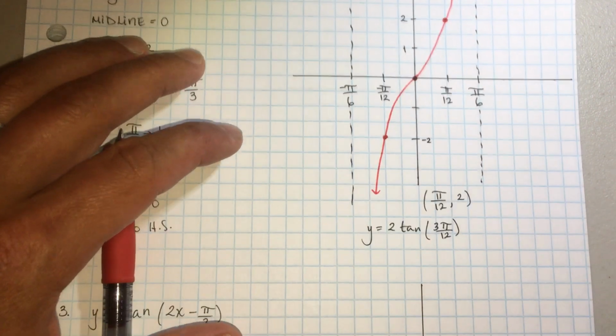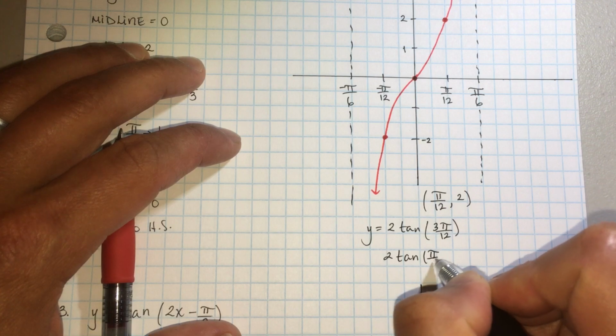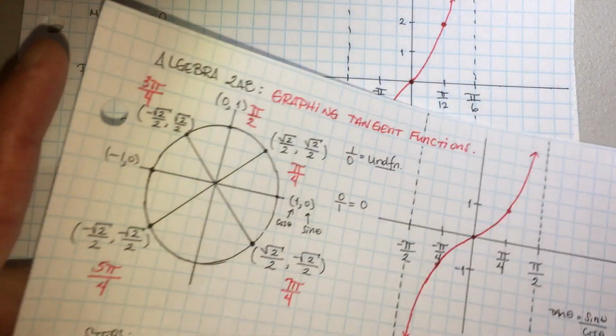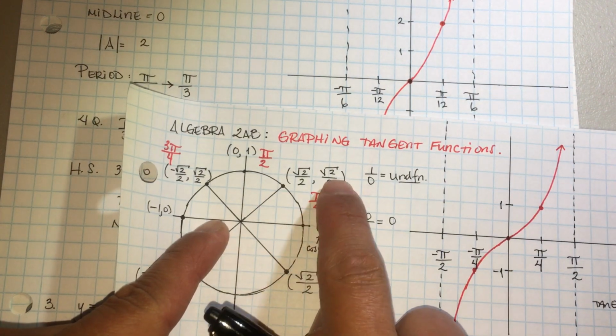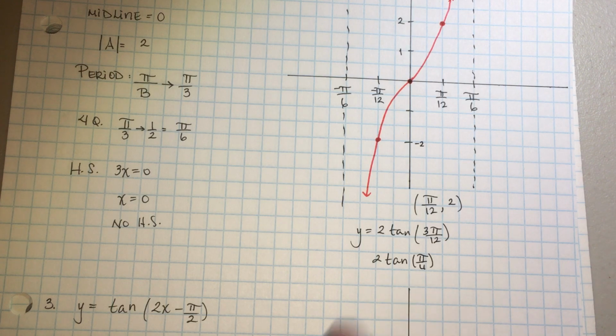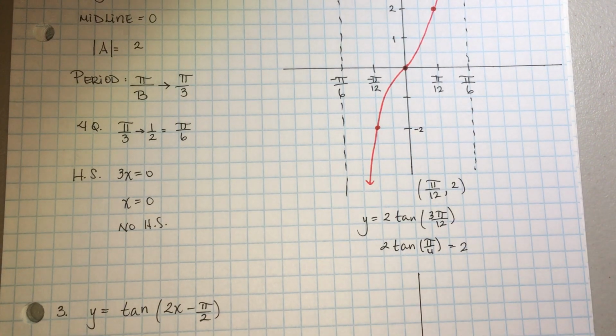Well, 3 pi over 12, when I reduce it, is the same thing as pi over 4. And what is tangent of pi over 4? Well, if you remember, tangent is sine over cosine. Sine divided by cosine, that's a 1. So this becomes a 1. That means 2 times 1, the answer is 2. So hey, we did it right.